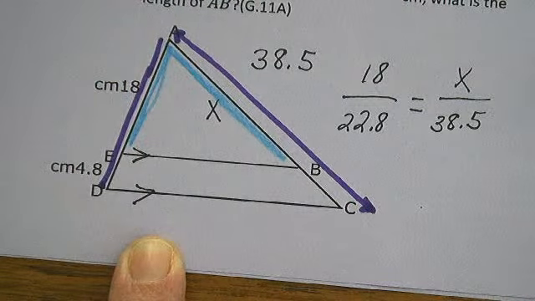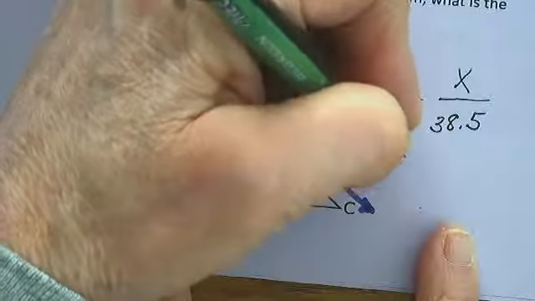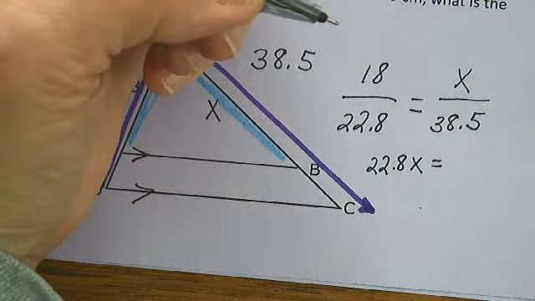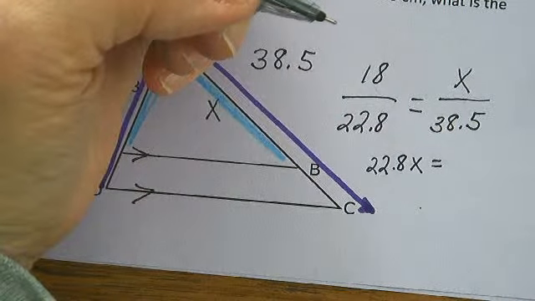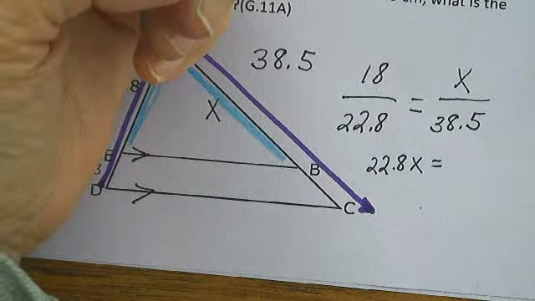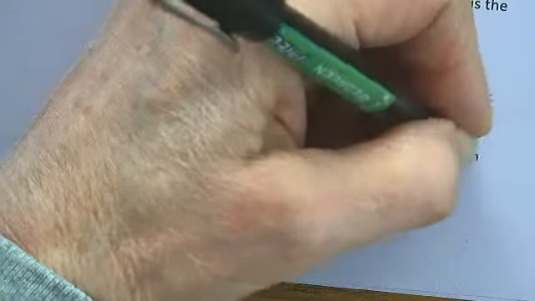And when I do cross multiplication, that gives me 22.8x is equal to 18 times 38.5. And that is 693.